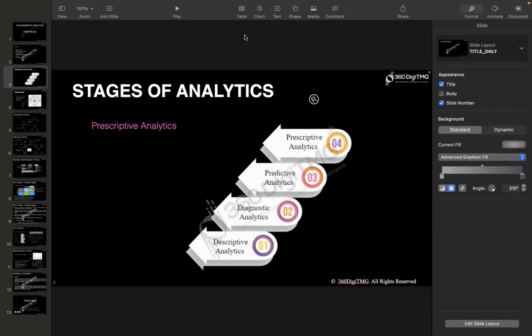Prescriptive analytics is a form of data analytics that helps businesses make better, more informed decisions. Its goal is to help answer questions about what we should do to make something happen in the future.